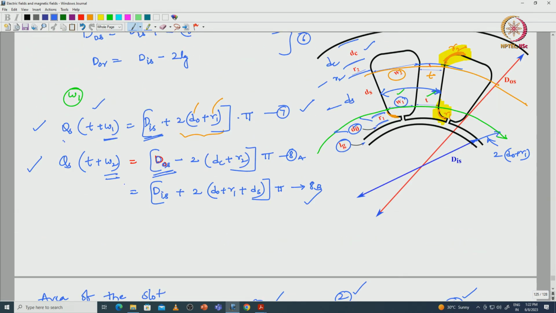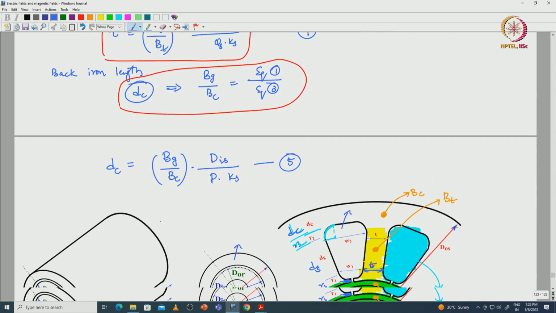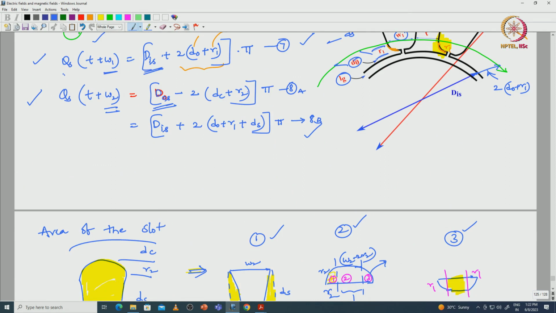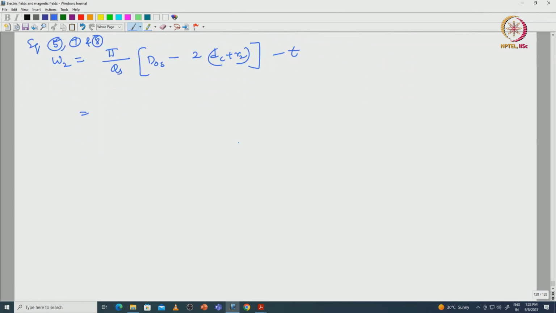Eighth equation is this one and fifth equation is with respect to the DC, and seventh equation is this one. So, from these three equations we have rewritten the W2 terms and then substitute the T value as well as DC value here.